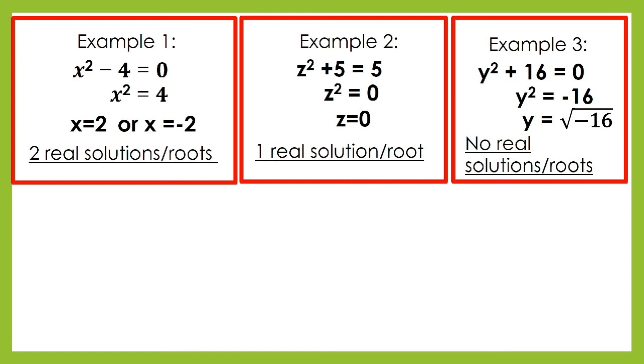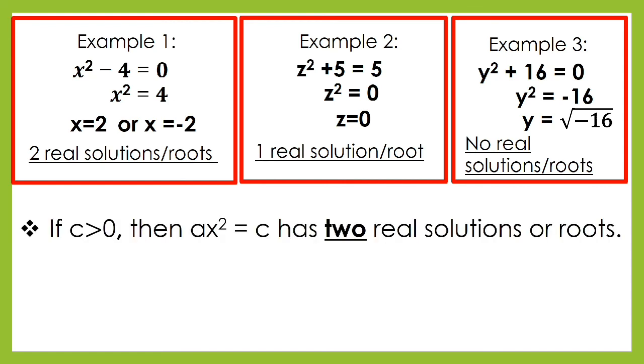Therefore, for our conclusion, if c is greater than 0, then ax squared equals c has 2 real solutions or roots. Kapag transform natin sa equation na ax squared equals c at ang c natin ay greater than 0, like 4, so positive integer, meron tayong makukuhang dalawang real solutions or roots.